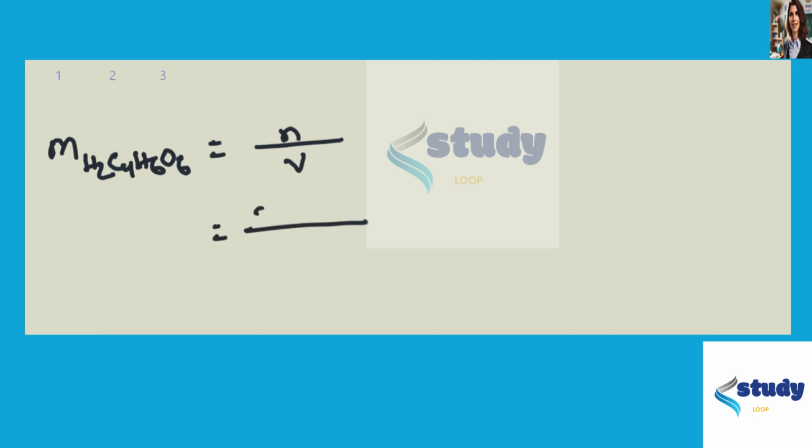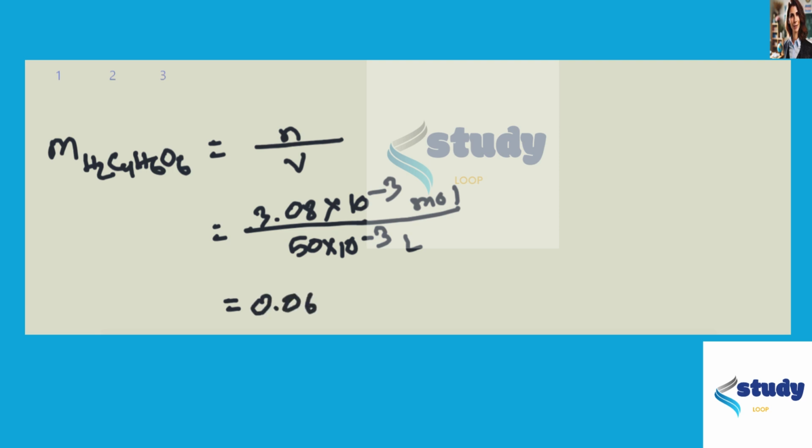The number of moles is 3.08 times 10 to the power minus 3 mole over 50 milliliter, or 50 times 10 to the power minus 3 liter, and this will give us a value of 0.06 mole per liter or molar. So this is the molarity of the tartaric acid in the given solution.